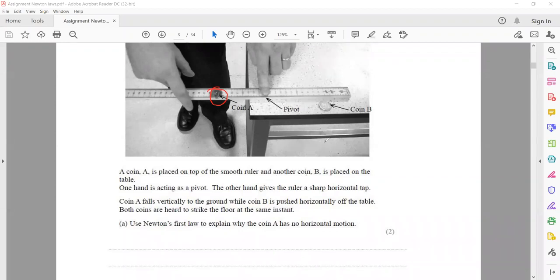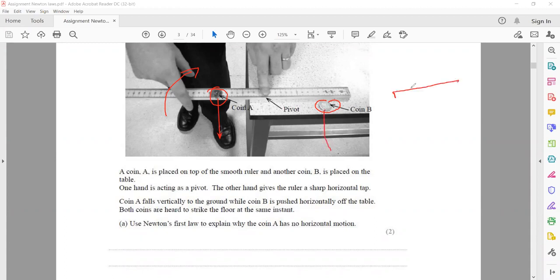Another coin B is placed on the table. One of the hands, the finger, acts like a pivot. As the teacher rotates this, what will we observe? We will observe the coin fall vertically downwards, and the other will follow a projectile motion.